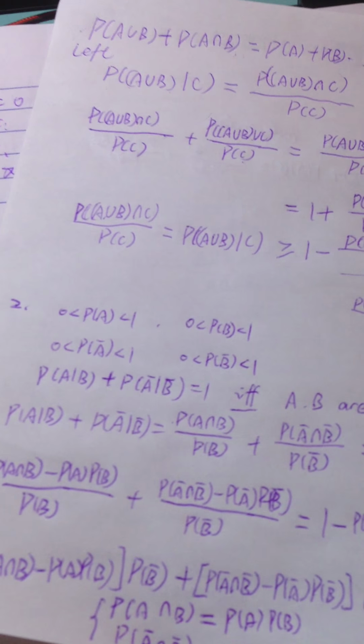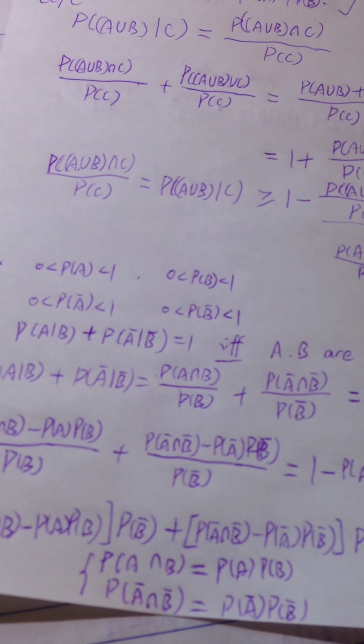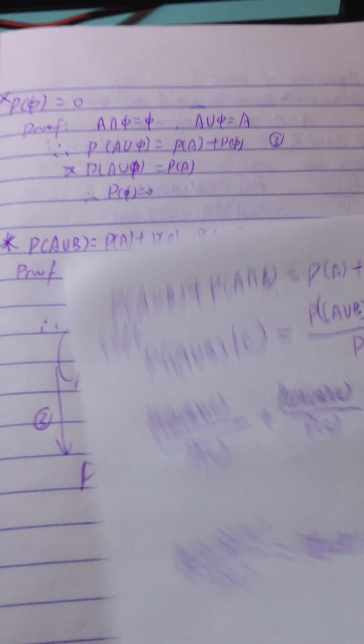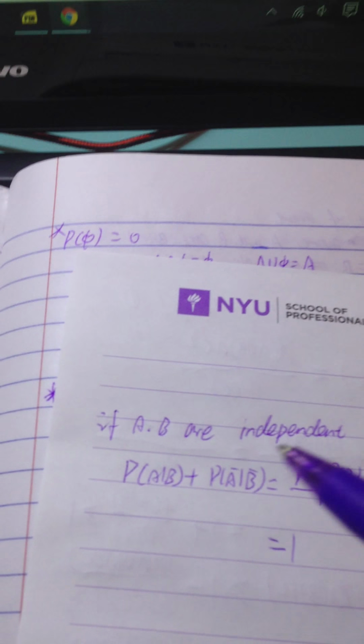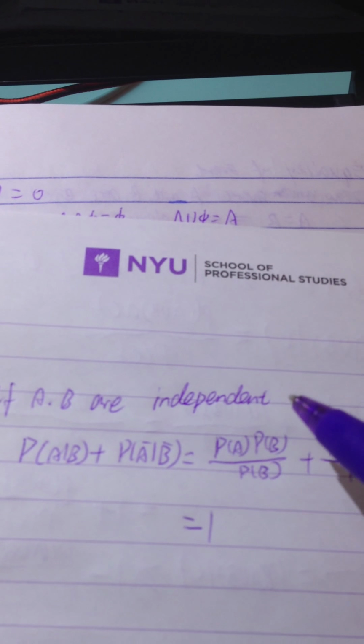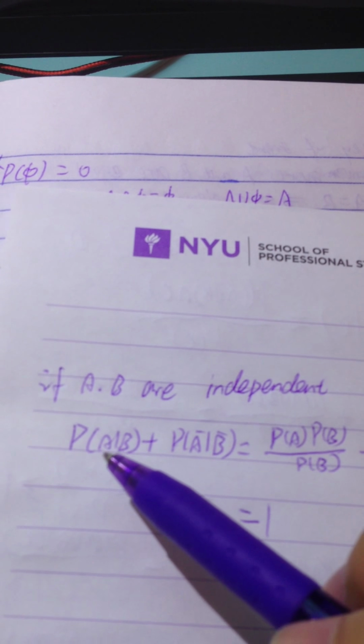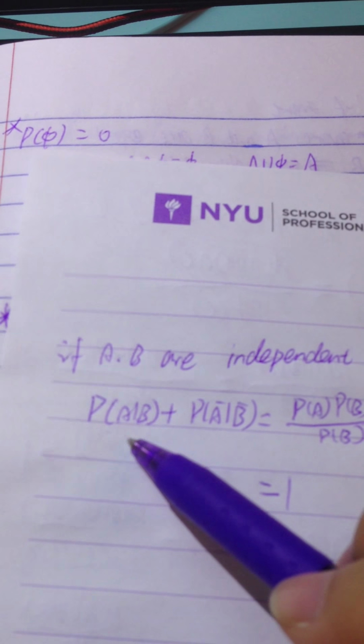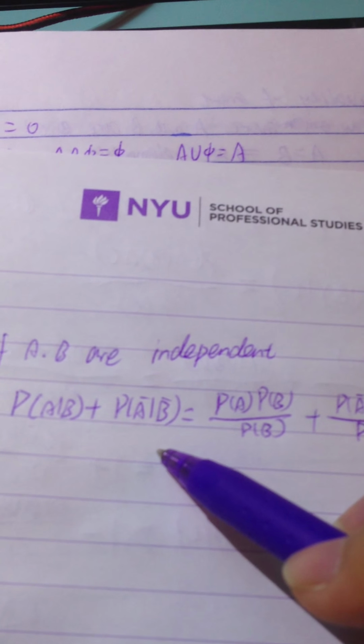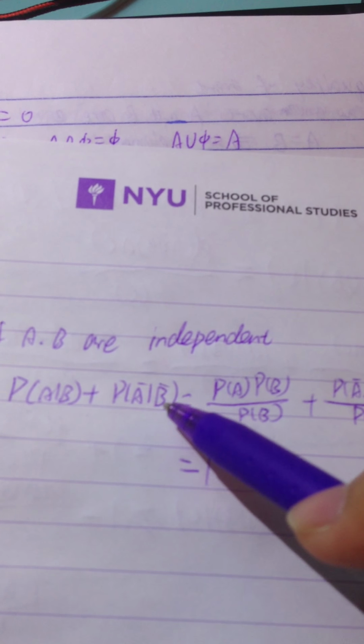Then we also have to prove the necessity of this formula. So it's easy. If A and B are independent, we get the probability of A given B plus the probability of A complement given B complement.